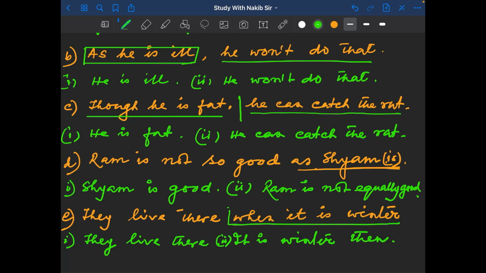Okay, so from the given sentence, they live there when it is winter, we have got two sentences. They live there, number 1, and another sentence from the adverb clause, when it is winter, it is winter then.